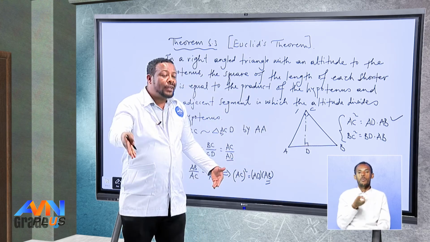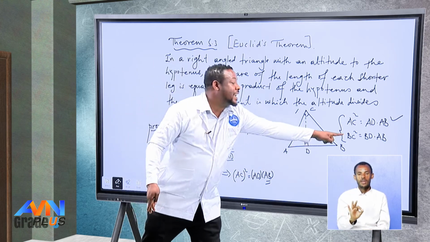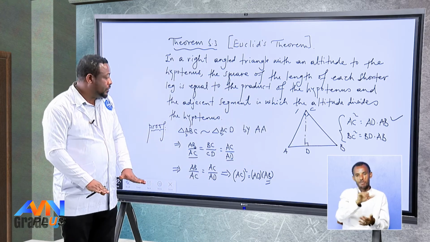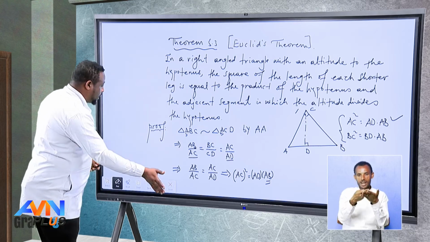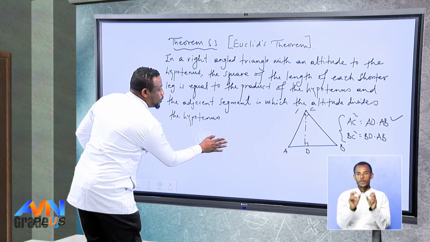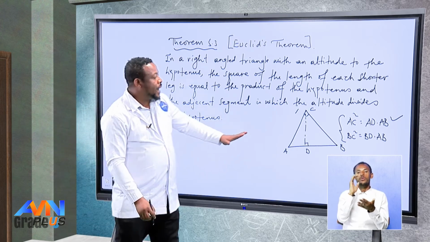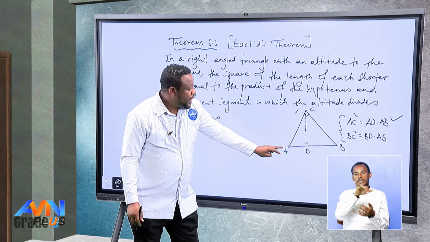We can obtain the second formula by taking another similar triangle. To prove the second formula, again, you need to take another similar triangle.